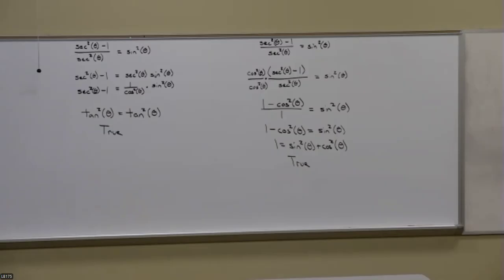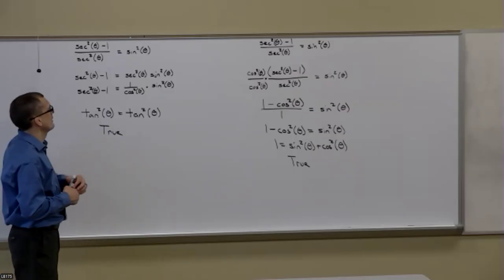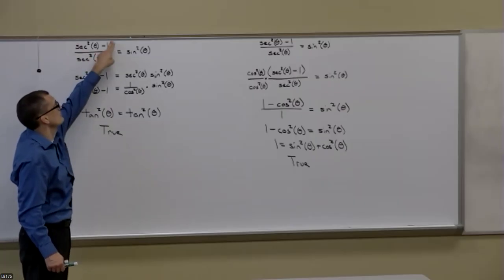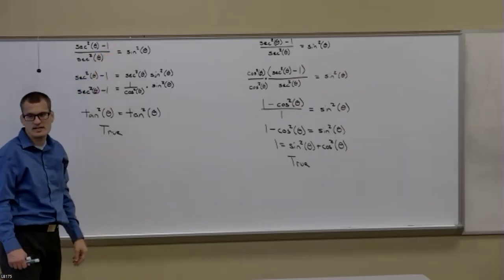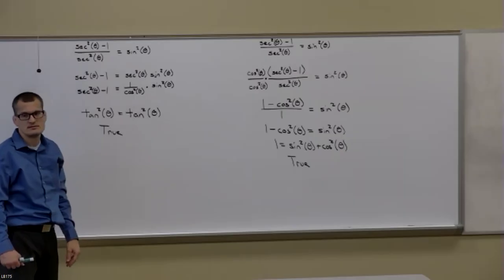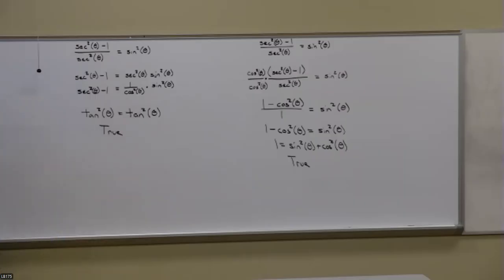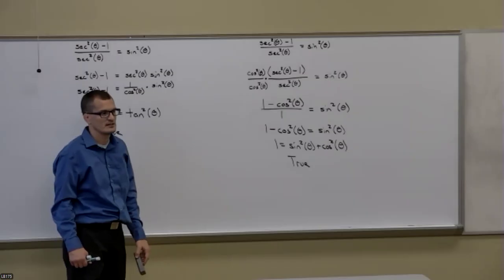We could have broken down those secants and immediately written those in terms of cosines. We could have, since this is 1 over cosine squared, written 1 as cosine squared over cosine squared and gone through it that way. It would look very similar to what we were doing over there.